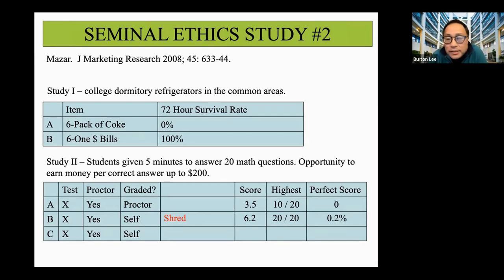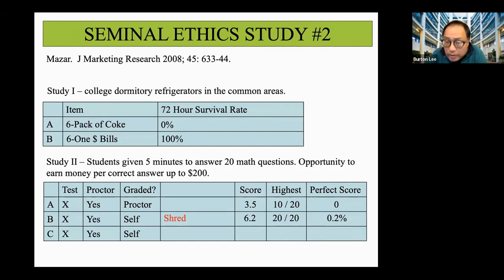And now this is yet another group of MIT students who don't know what's happened in the previous experiments. The setup is similar again, where you are given the test. I'm the proctor. You grade the exam yourself.